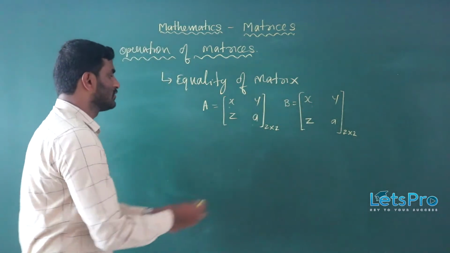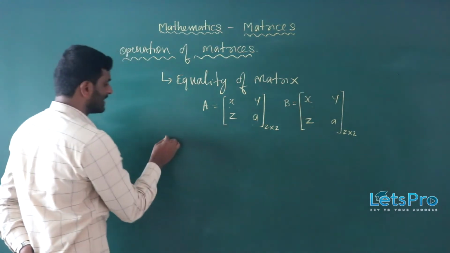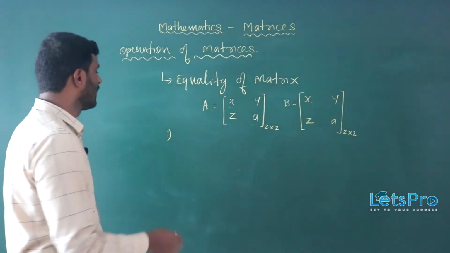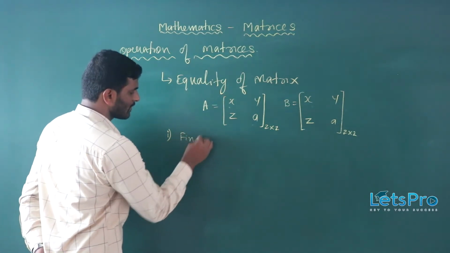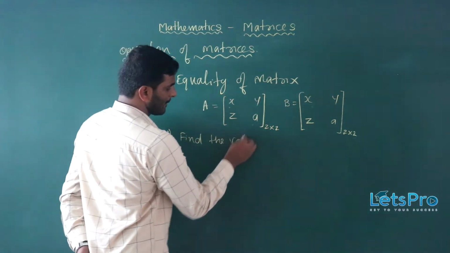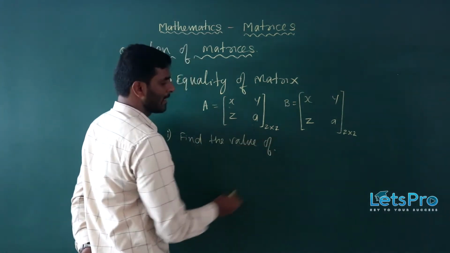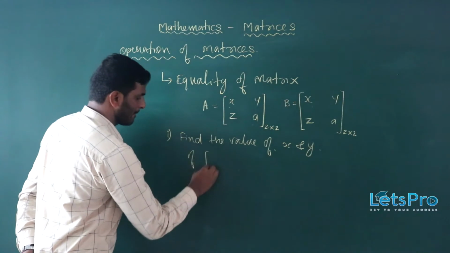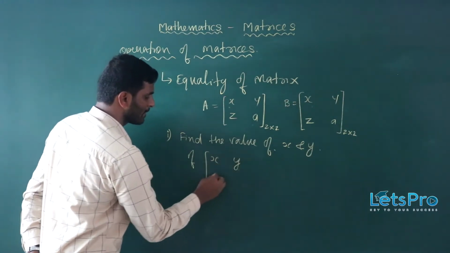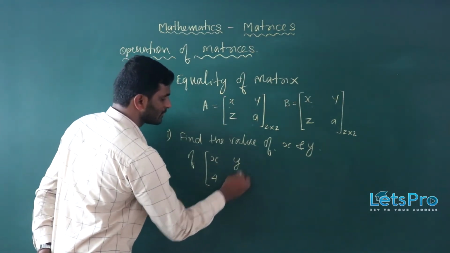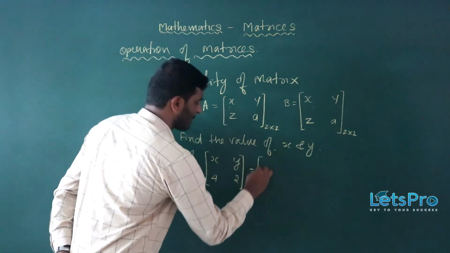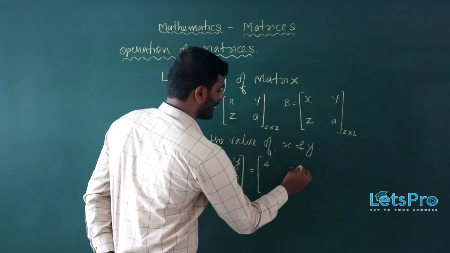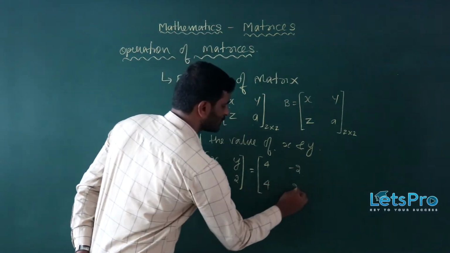Okay. So let us take an example here. In the examination they can ask: find the values of x and y if the matrix with x, y, 4 and 2 is equal to the matrix with 4, minus 2, 4, 2.